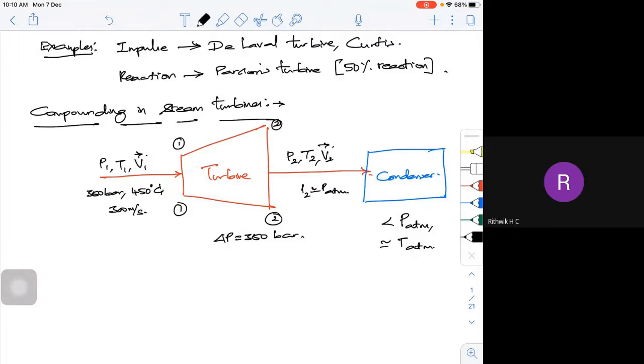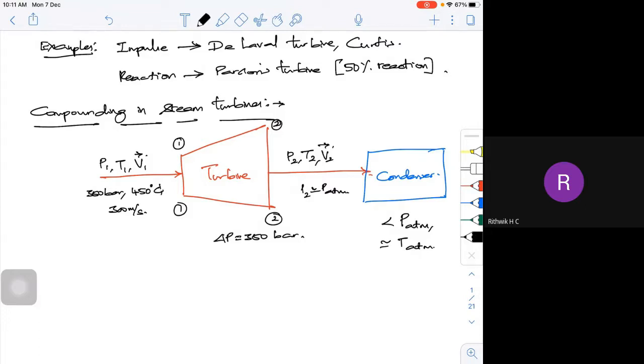As I told, if I'm going for an impulse machine, there will be a nozzle. In the nozzle, the steam is getting expanded to very high velocities, as I told, 300 meters per second, just a number. It can be 400, it can be 1000, it can be 800 also. So the velocity is very, very high.